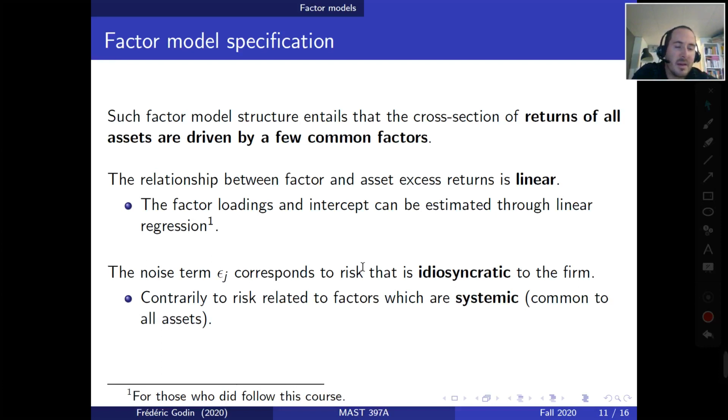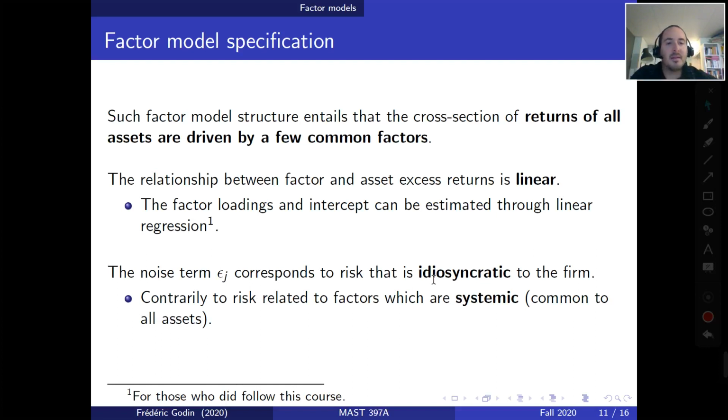So let's say some given firm takes a special action, it's not going to impact the return of all the firms. So this noise term epsilon j is meant to represent that portion of the return or the risk which is idiosyncratic to a given firm j.